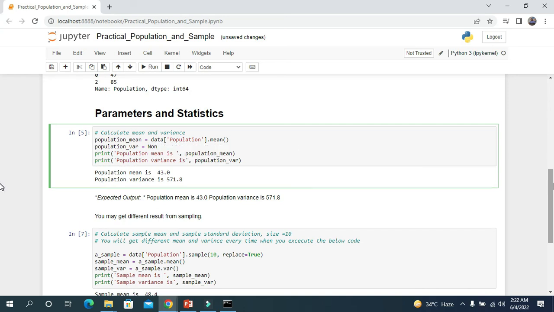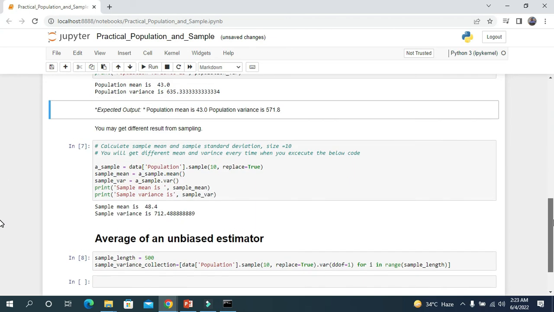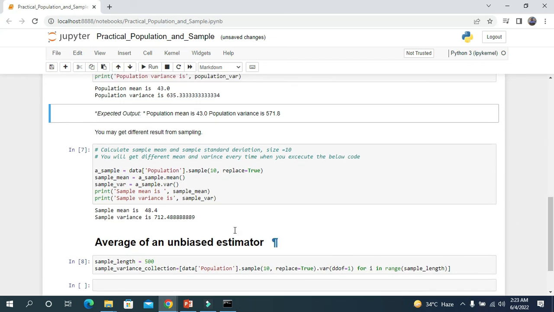Let me show you about it. As you can see in the video, we can find population mean and variance both. So I'm writing here dot var. Okay, and in this way you can calculate population mean and population variance, and you can get different results according to the selection of different samples, meaning the sample size is increased or decreased.